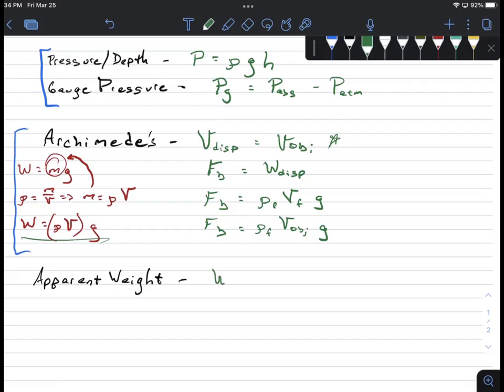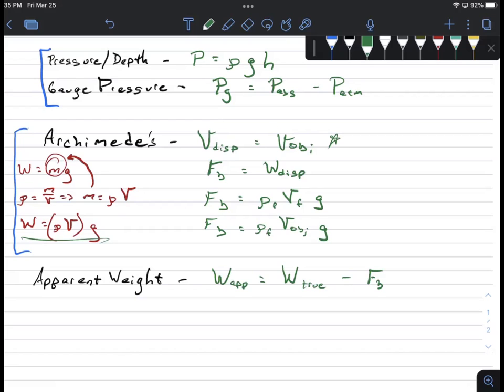And so the apparent weight is the true weight minus the buoyant force. And with this, we could solve questions like, there's a treasure chest under the water, and you need to build a fancy claw machine that will allow you to pick that treasure chest up out of the water.